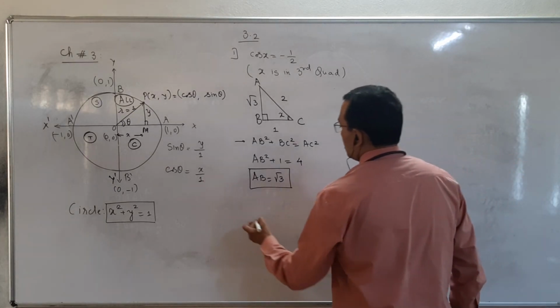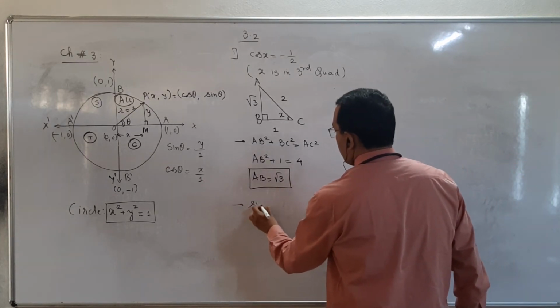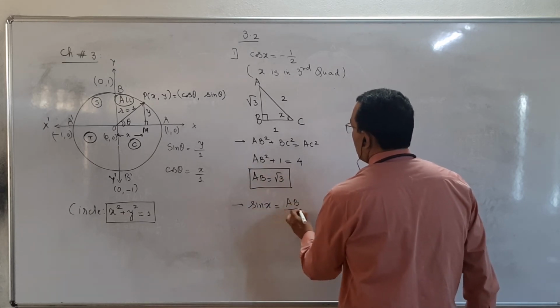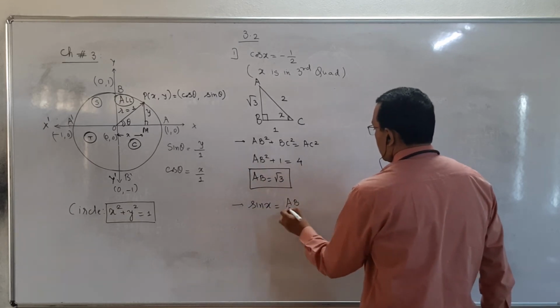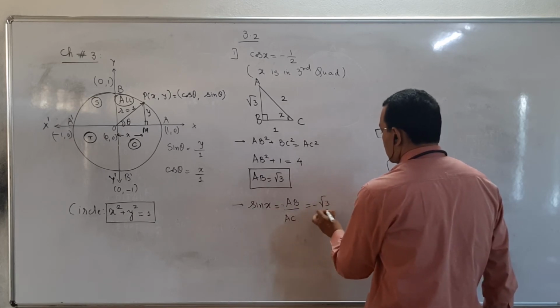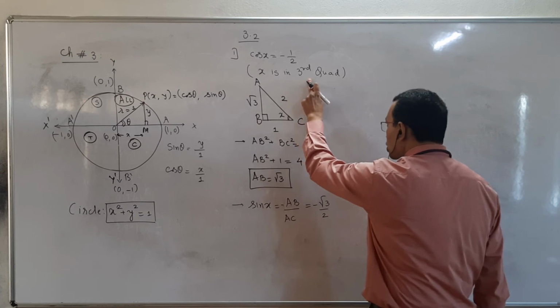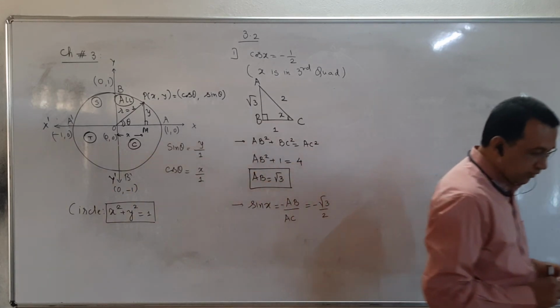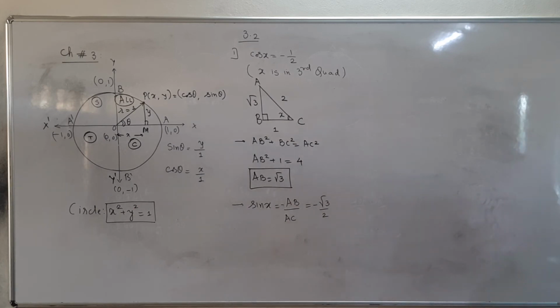Now, immediately you should write sine of x is equal to AB upon AC, and it will bear a negative sign due to the quadrant, so it is minus root 3 by 2, because in the third quadrant, tan and cot, only two functions are positive, remaining four are negative.